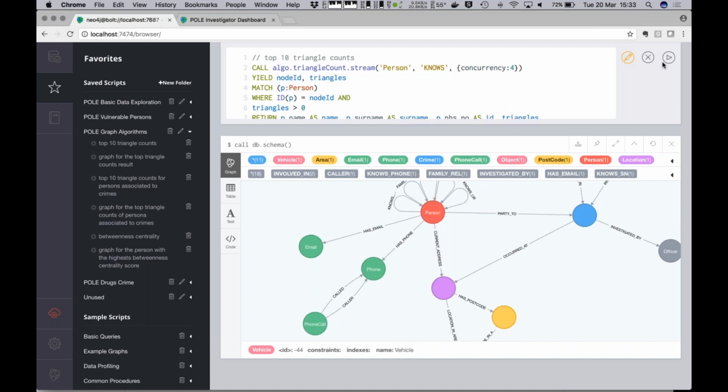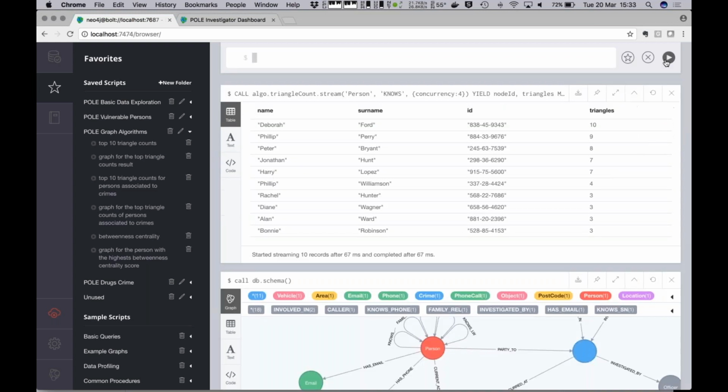So it helps to understand social networks, quantify social networks, and cluster groups together. So we can see here, Deborah Ford is the top result in the list. She's part of 10 different triangles, followed by Philip Perry, who's 8, who's 9, Peter Bryant, who's 8, and so forth.